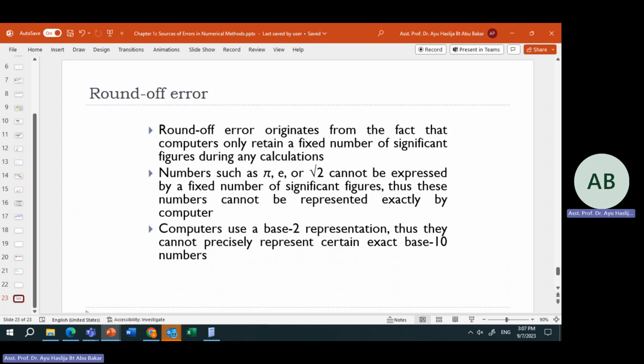Now for the round off, as you know, for the decimal point, sometimes you round off, right? Let's say for the pi value, 3.142. This one is the standard general value that we use. But if you press the calculator, it will give you the longer version of the pi value, right?